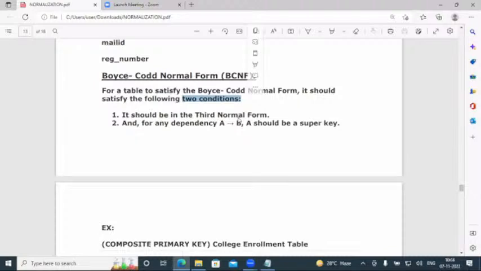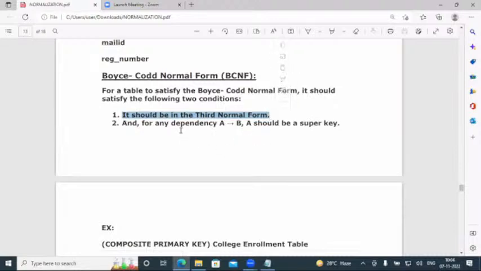Now, Boyce-Codd: your table should be in third normal form plus super key columns. Every form is related to the previous form. Yes or no? That should be remembered. The link is observed. So Boyce-Codd says it should be in the third normal form, which means no transitive dependency columns.